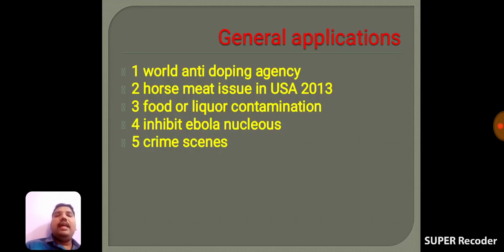Next, general applications of chromatography. These are the social awareness applications. The first application is WADA, the World Anti-Doping Agency. The chromatography technique is used to identify any traces of drug molecules present in an athlete's body.